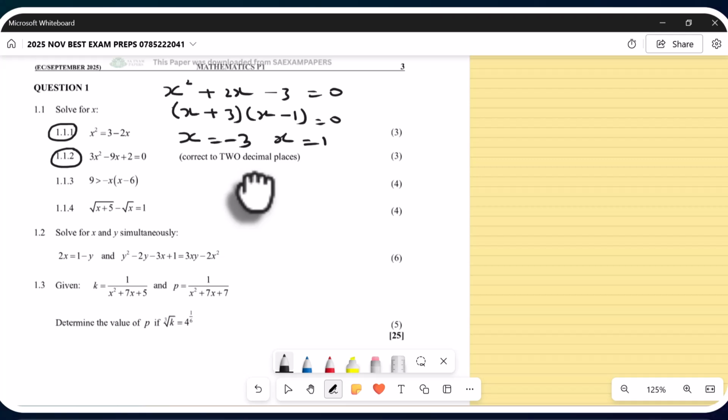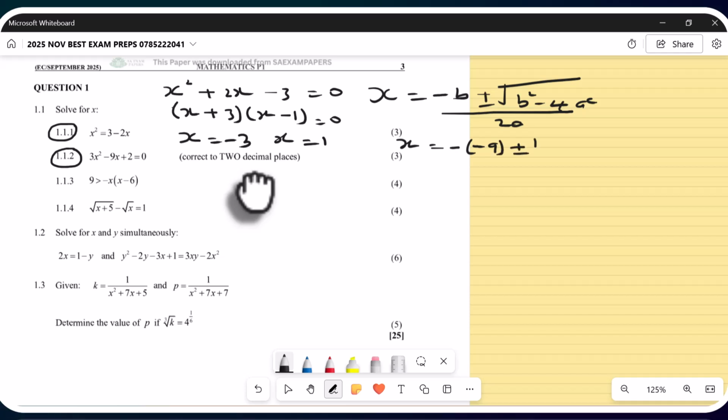But our a is what? Our a is 3 here. So calculators, get them out now. We're going to get two x values here. If I get my calculator here, let me check. Now minus minus for the 9 becomes a positive, plus the square root of open bracket negative 9 close bracket squared, minus 4 bracket 3 bracket 2 close bracket, divided by 6.